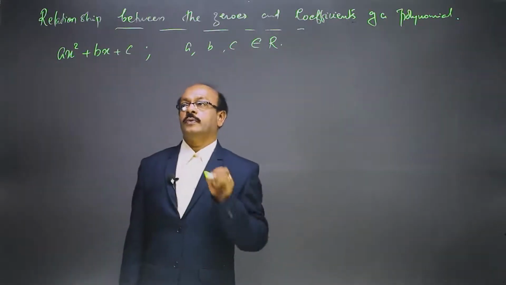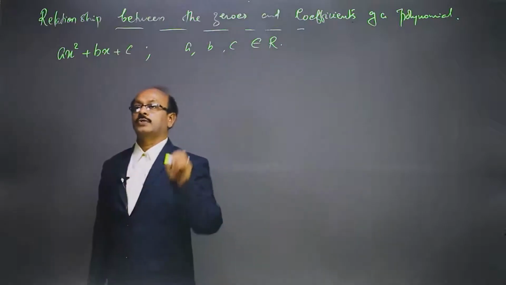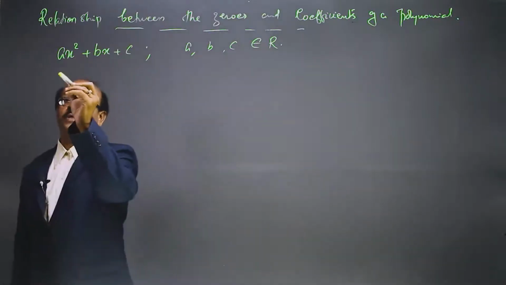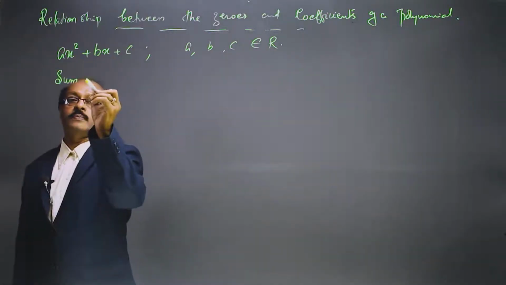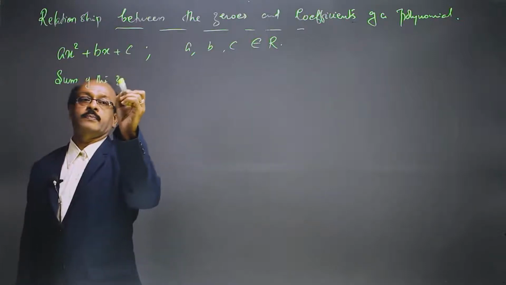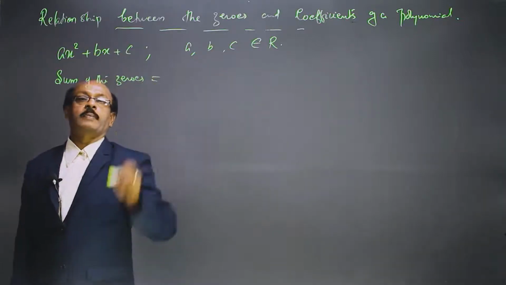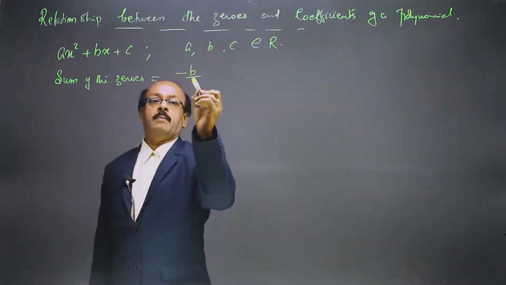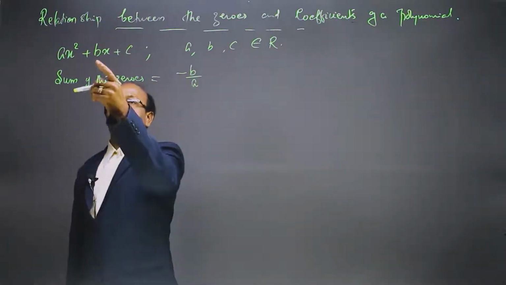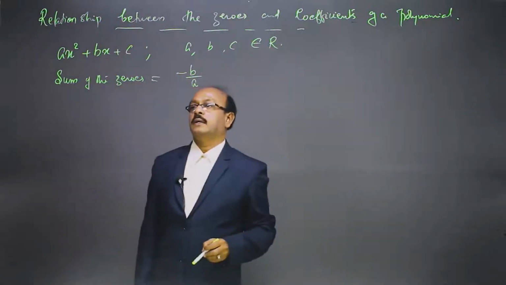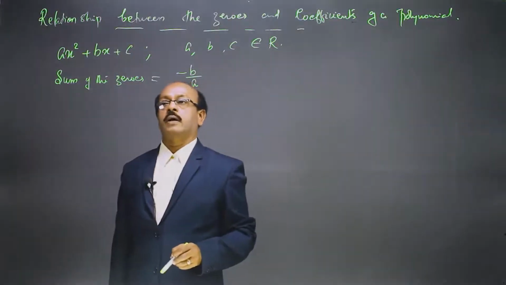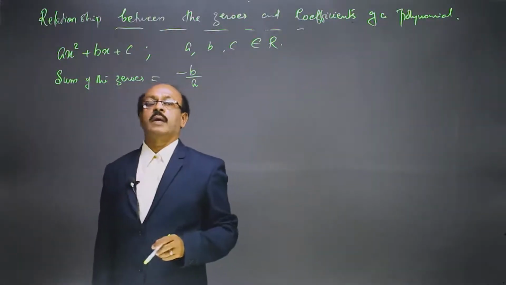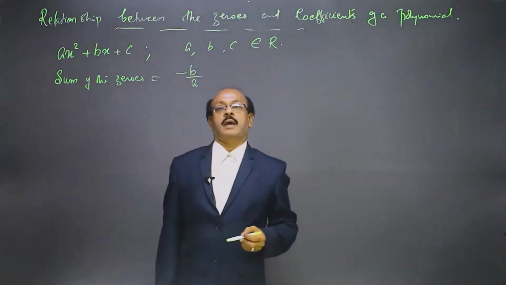The sum of the zeros of this polynomial will be equal to minus b by a. B is the coefficient of x and a is the coefficient of x square. Then the sum of the zeros will be minus b by a.